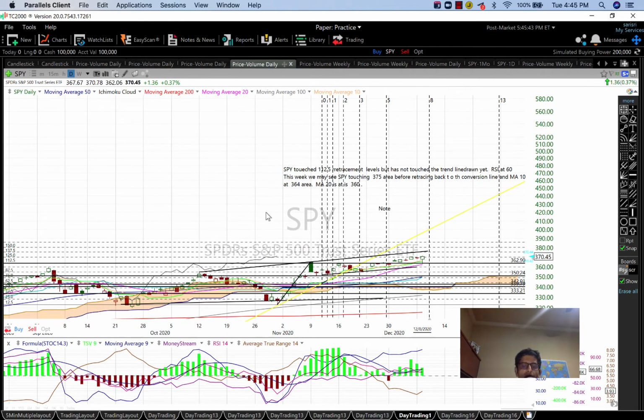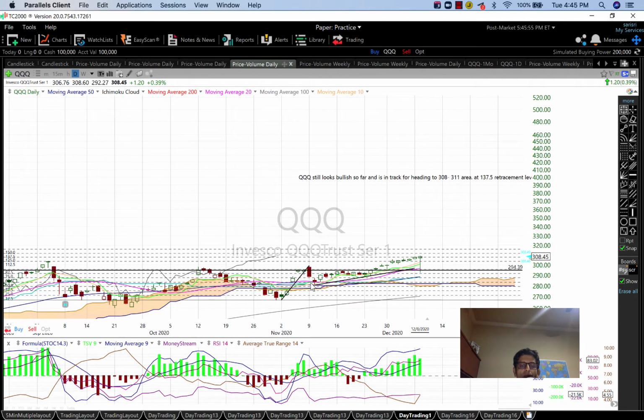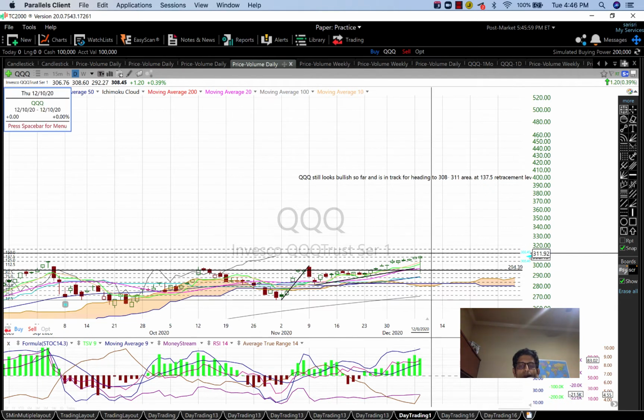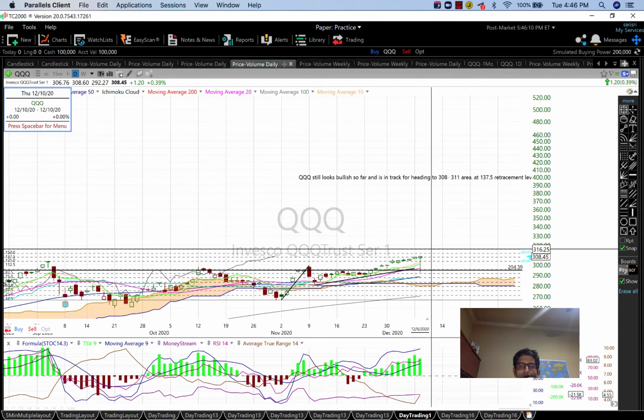Having said that, let's also look at NASDAQ. As I mentioned, it retraced from the 50% retracement level, and it is moving fast towards the 137.5 retracement level. So we can see today the level of 211, and 150 is at 316.